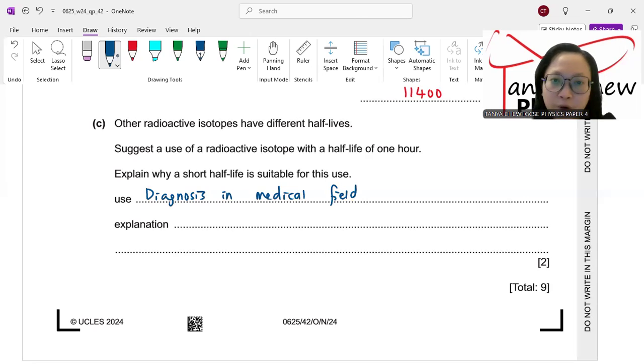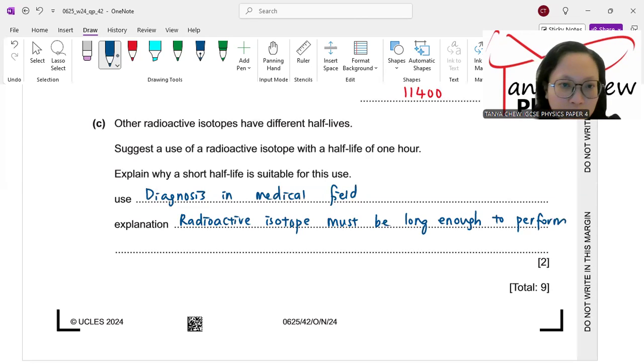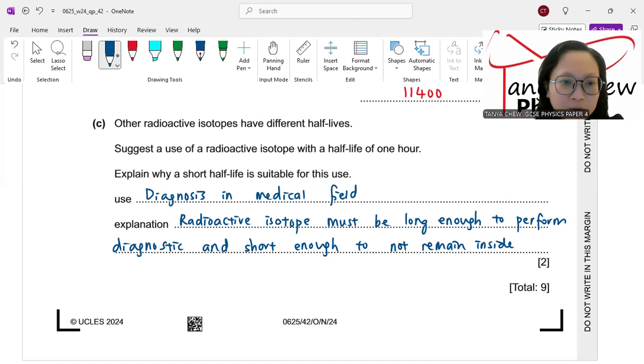Explanation, right? I said that radioactive isotope, okay, must be long enough to stay in your body to perform diagnostic, and short enough to not remain inside the body.